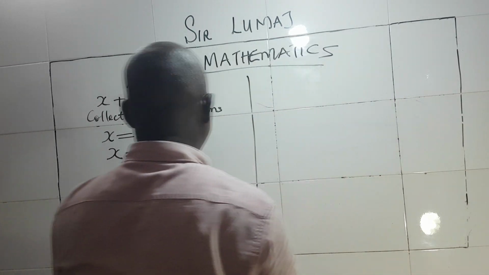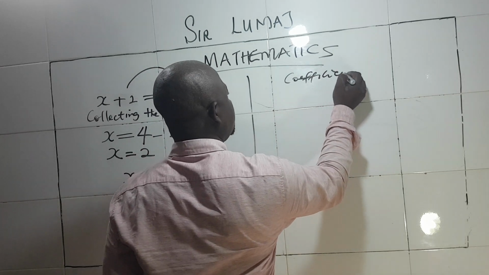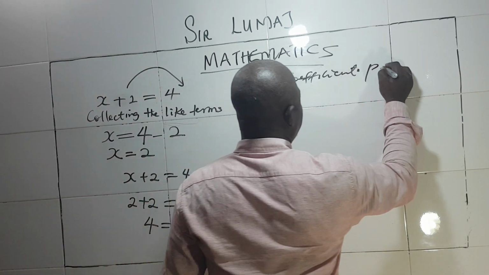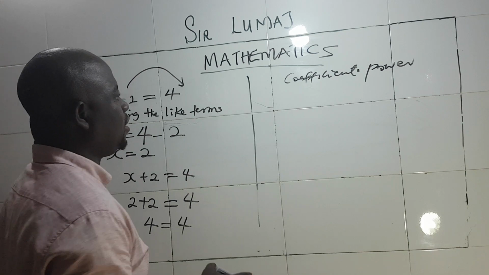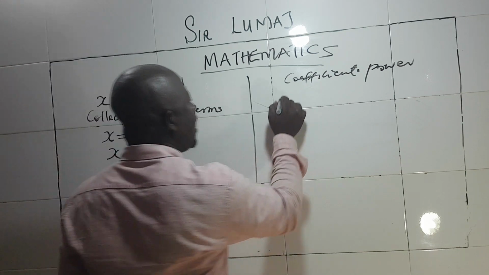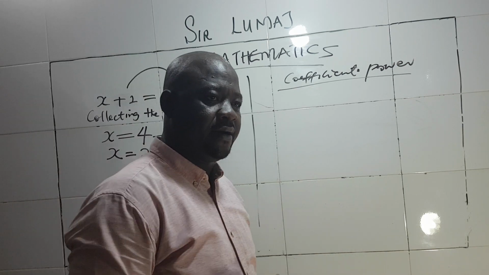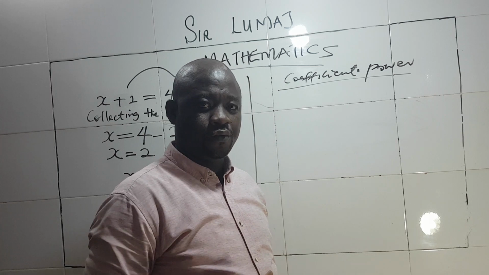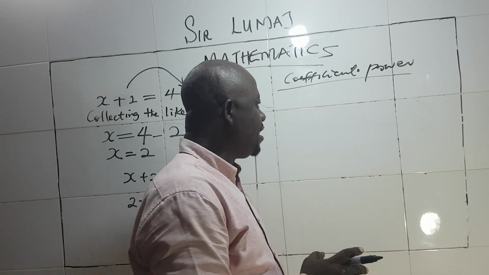And before then, let me tell us about coefficients and power, because I'll still talk about this by the time we start talking about the laws of indices. Coefficient is a number directly beside an unknown. And when you hear unknown in mathematics, you are talking about what?